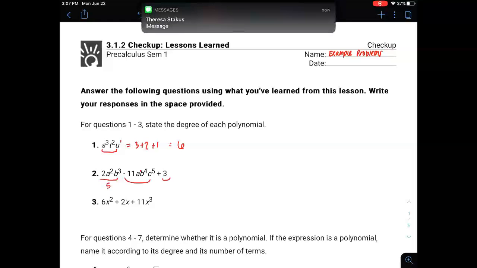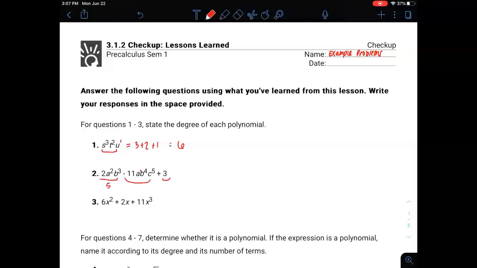Now this one, it's like a to the first plus b to the fourth plus c to the fifth, right? So that is a 10th degree polynomial, or sorry, that's a 10th degree term right there. And then this is like saying any variable to the first, right? So that's a 0th power.